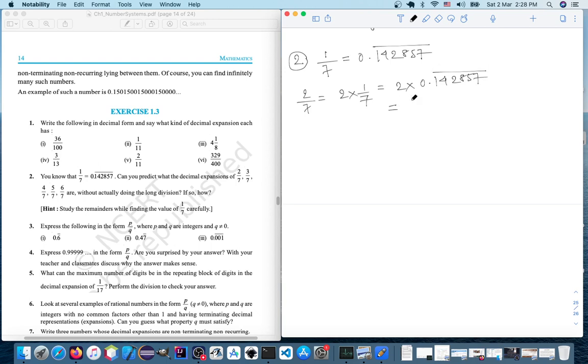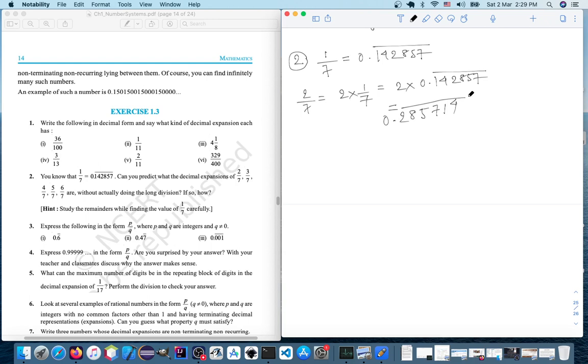We simply do the multiplication, and remember that since 1 by 7 has 6 digits in the repeating block of digits, 2 by 7 will also have 6 digits in the repeating block. So we just multiply this and we get 14, 14, 11, 17, 5, 8, 2.